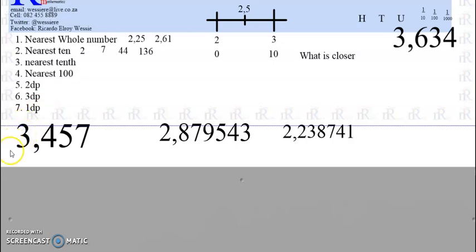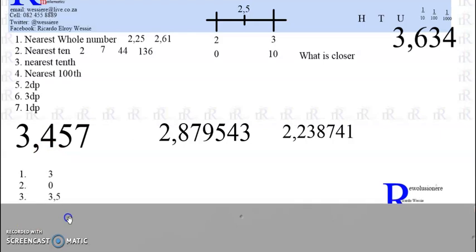So my answer will be 0. To the nearest 10, that means the first decimal place. I look at the next number, it's a 5. So this number becomes a 5. 3,5 will be my answer.